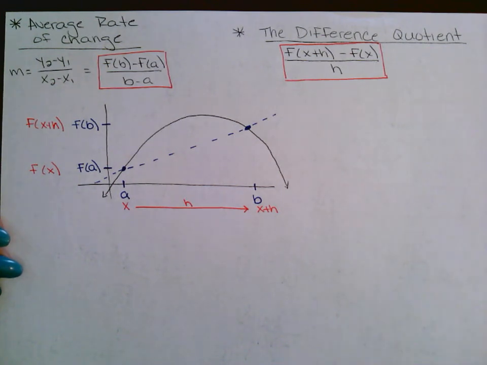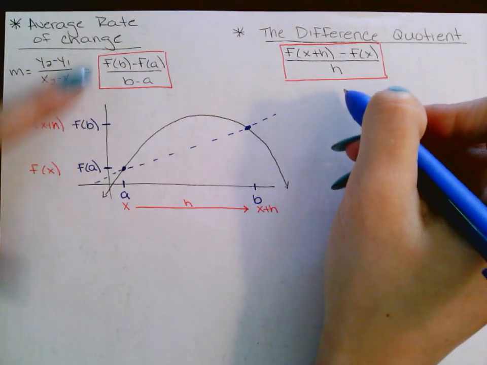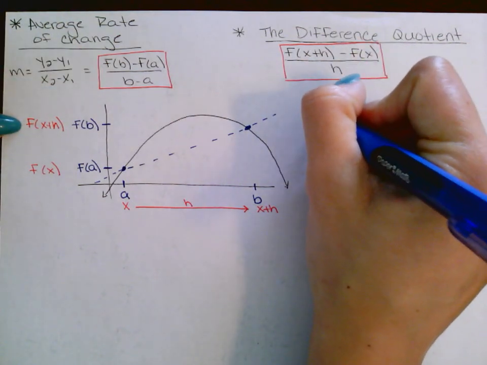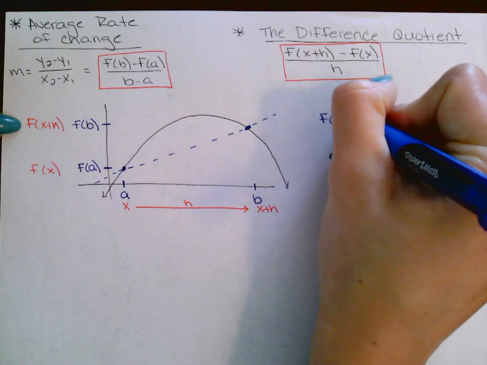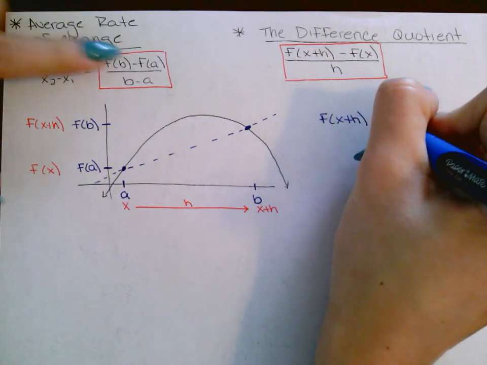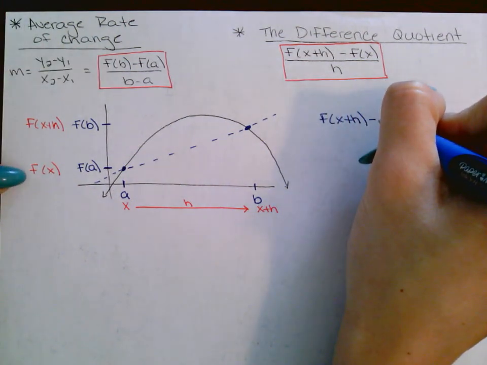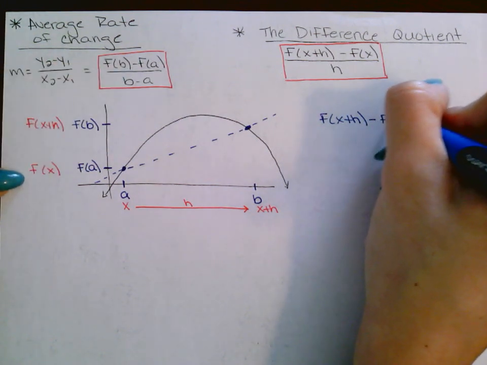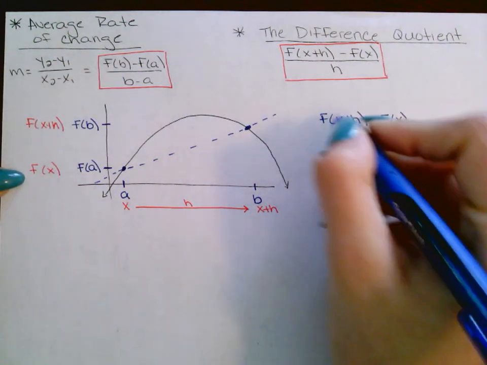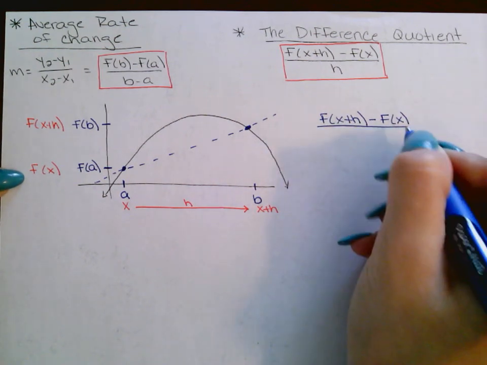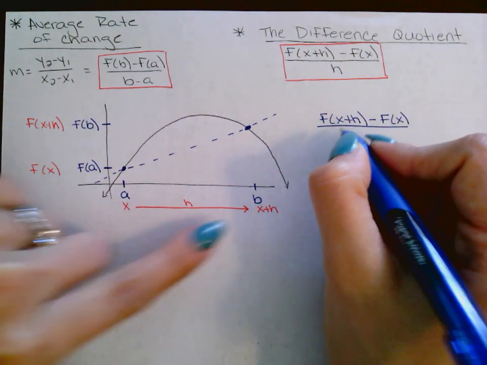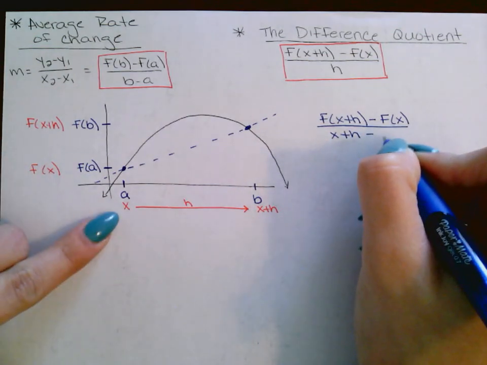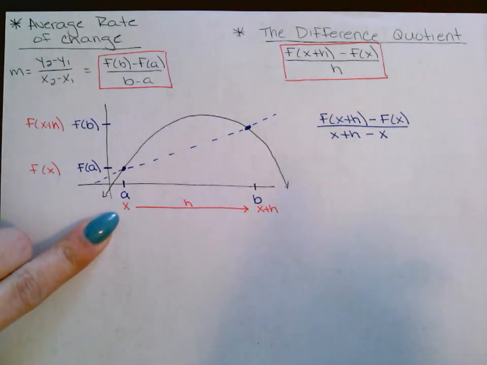So in saying that, we can change our f of b, let's use this formula, f of b to say f of x plus h minus my second y, which instead of f of a, I'm just saying f of x. And then over, instead of b minus a, I can say x plus h minus my a, which is just x.